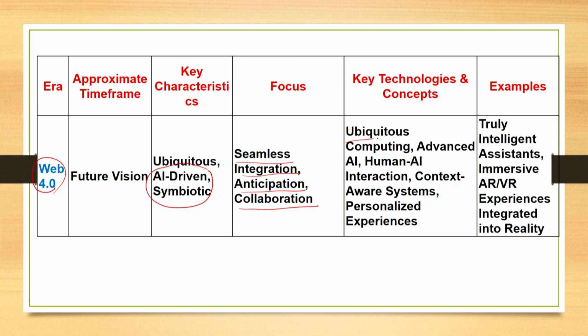The concepts used are ubiquitous computing, advanced artificial intelligence, human artificial intelligence interaction, context aware systems, personalized experiences. An example is a truly intelligent assistant, immersive AR VR experiences integrated into reality.